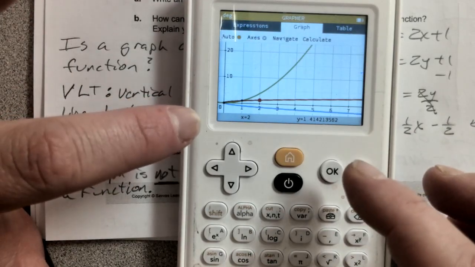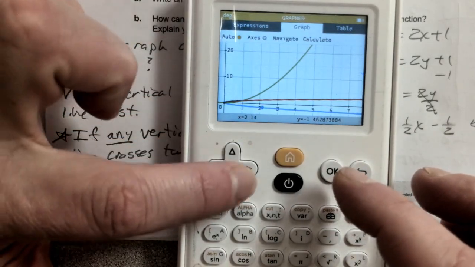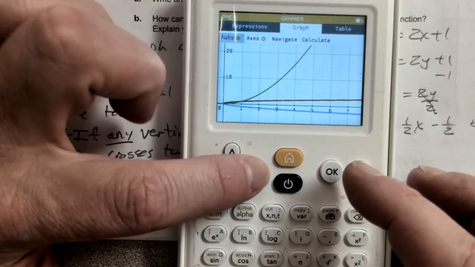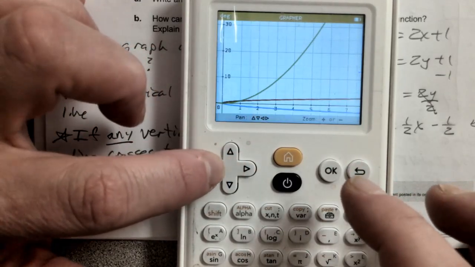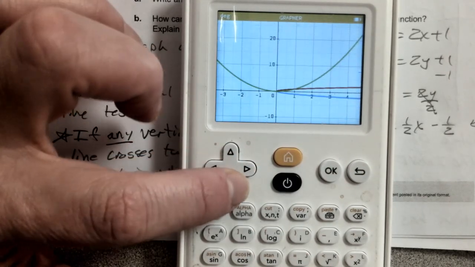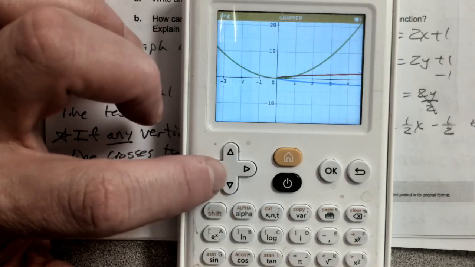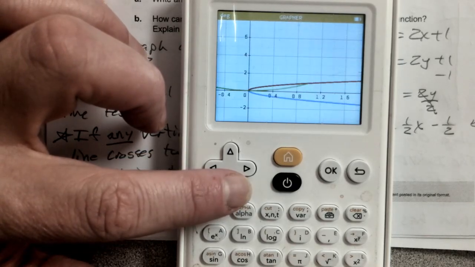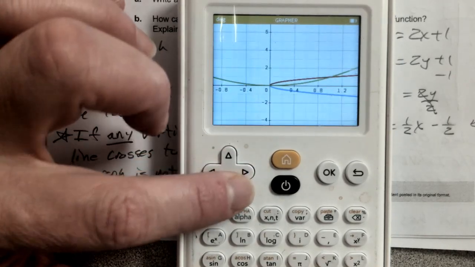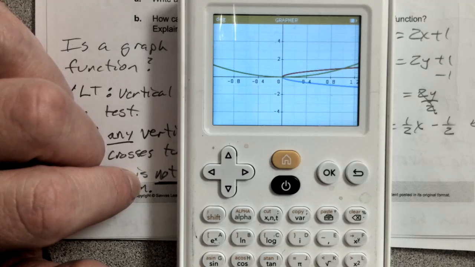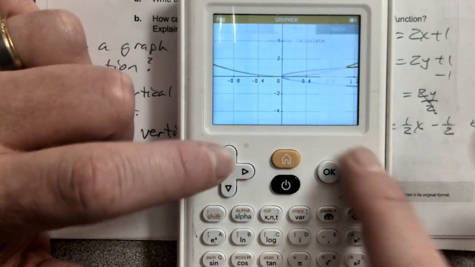Let's navigate over this way, down this way, and zoom in. Man, this is not great.